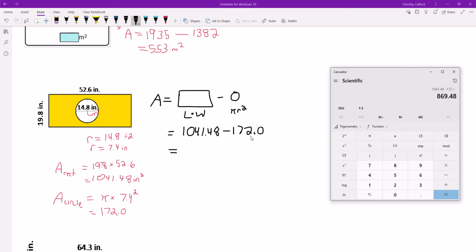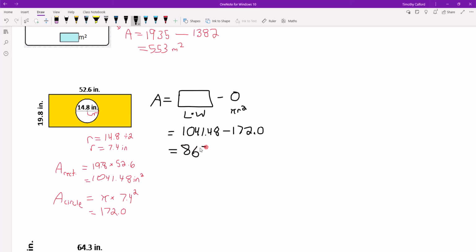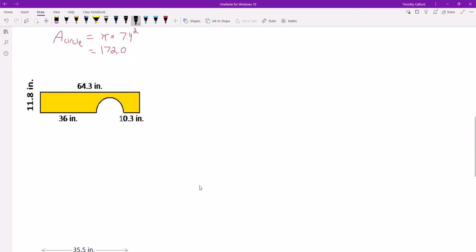And you get 869.48 square inches. So that is what the total area, just the yellow shaded portion of the rectangle, would be equal to in square inches. Let's look at another one that's similar but a little bit trickier.